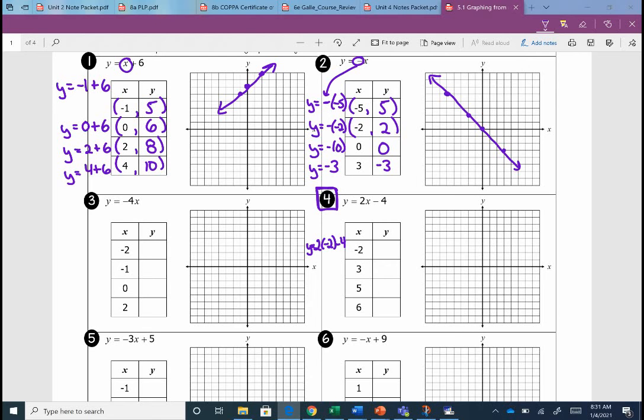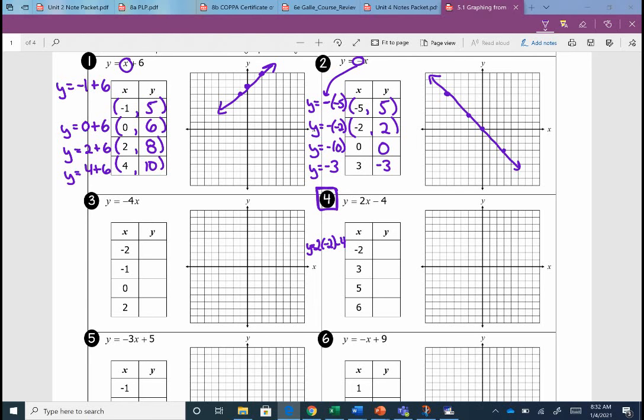We talked about that a lot when we were solving our equations last trimester. 2, and then notice when I put the -2 in for x, I just put parentheses around it. Don't try to do an x symbol for times. You're going to end up getting confused between that times symbol and x. So 2, and then instead of x, -2, and then minus 4.